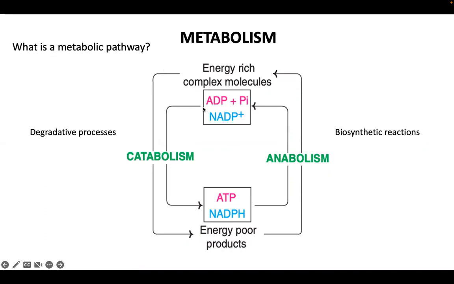Now, if we try to look into the major components of metabolism, we come up with two different names. One is catabolism and the other one is anabolism. So, when I talk about catabolism, catabolism is basically the component of metabolism which is involved in the degradative processes, which means that all the reactions of the body which are involved in breaking down the energy rich complex molecules into smaller molecules, those reactions are categorized under catabolism.